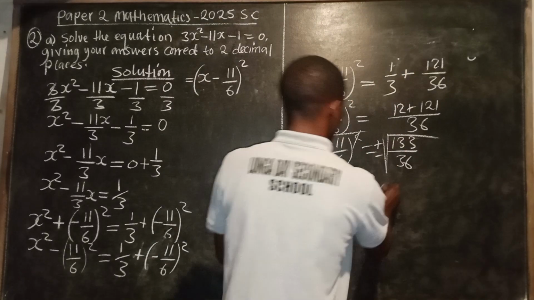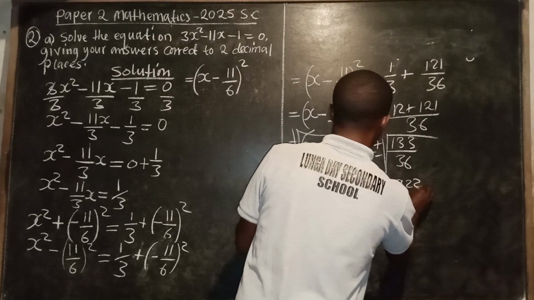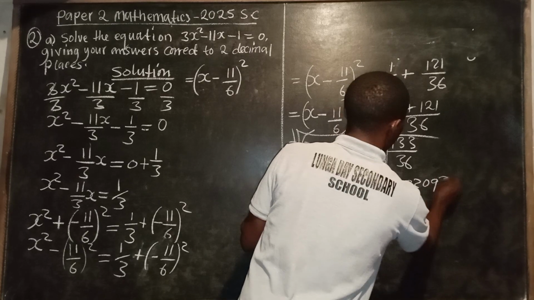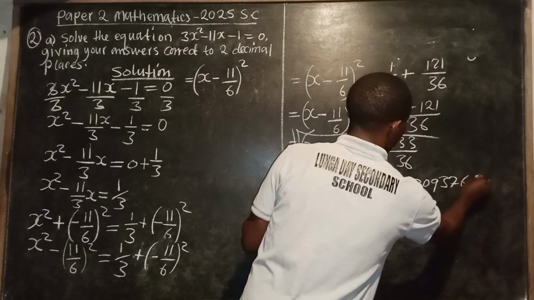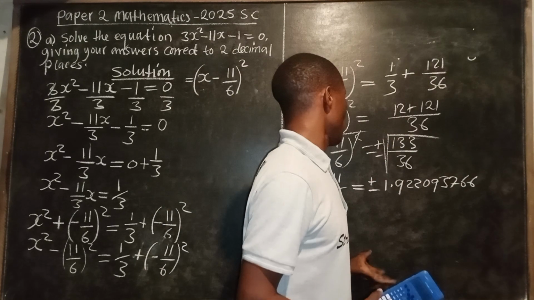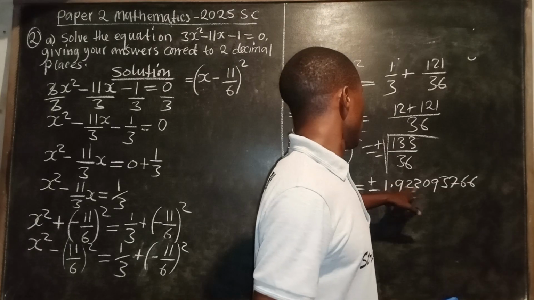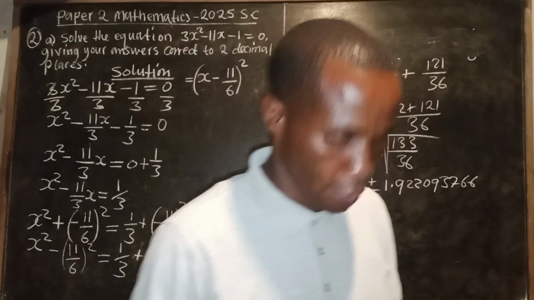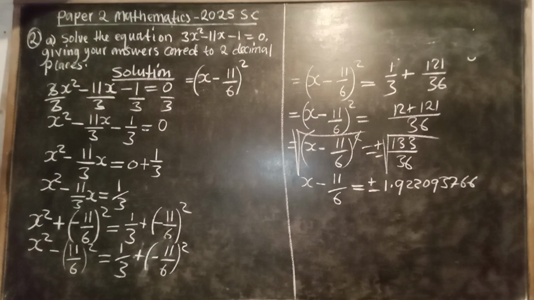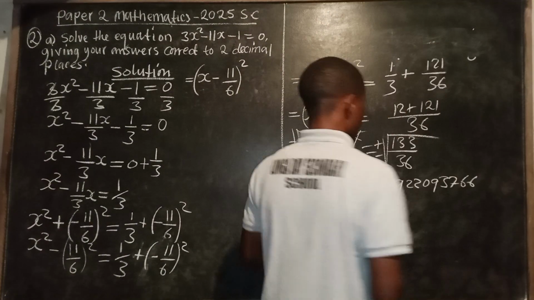The answer is 1.922, then 0.93766. After you have found the square root of this, the answer that you get is the one which is indicated.